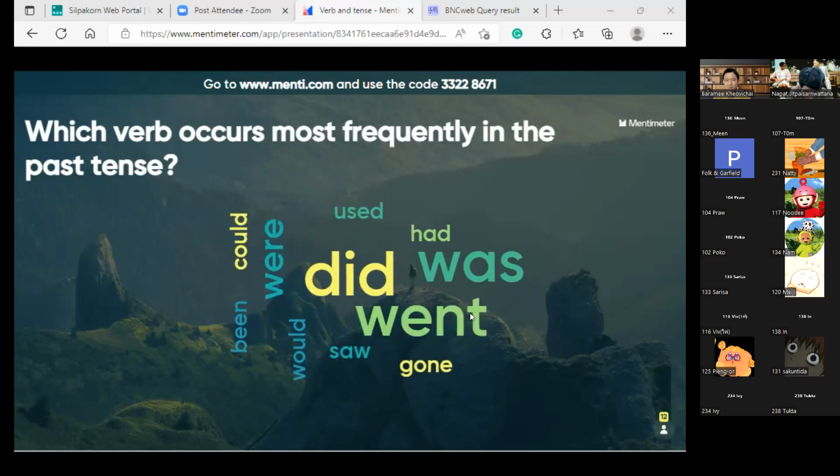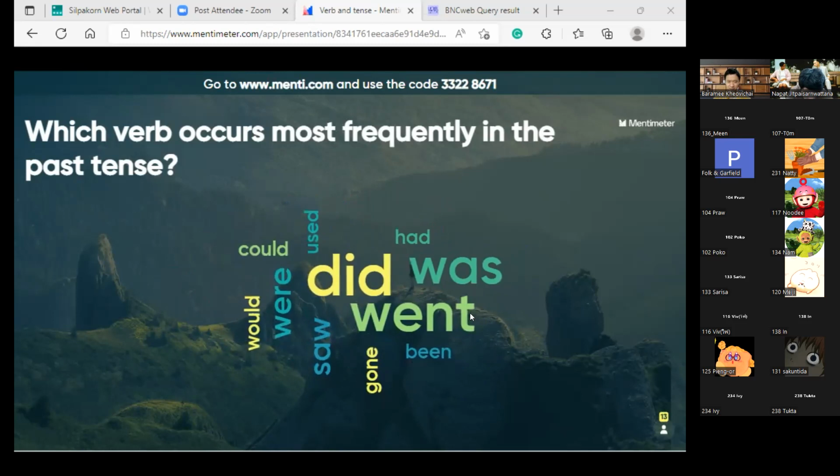Interesting. Also "been". So it seems that the verb to be was the answer from most people. Also, we have the word "had".